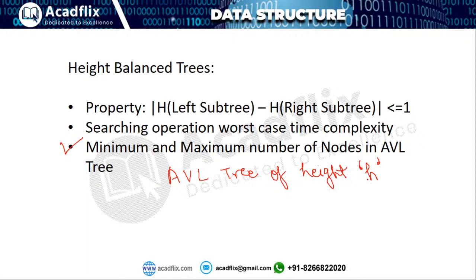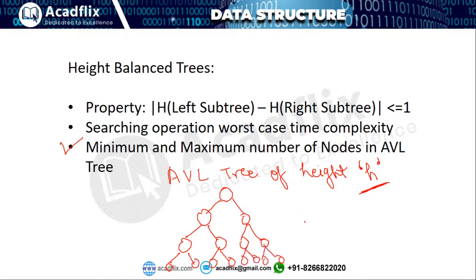And I have to find out the maximum number of nodes that are possible in an AVL tree of height h. Then how will I construct the tree? I will construct a full binary tree, because a full binary tree is going to have the maximum number of nodes.